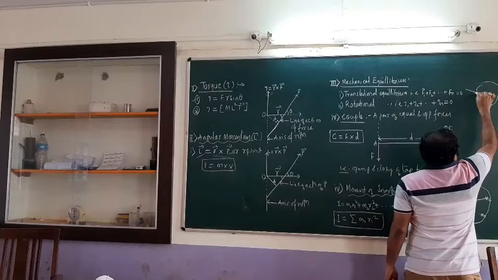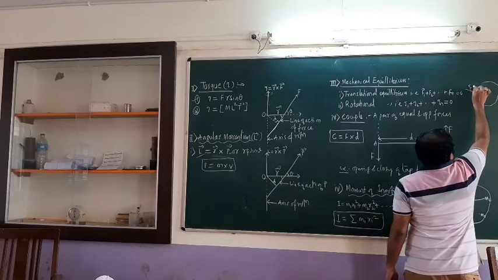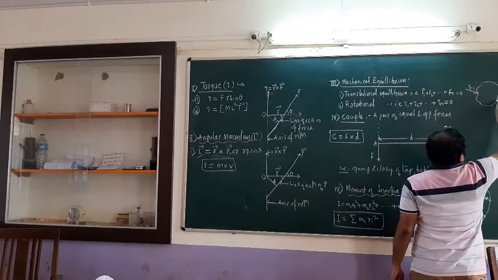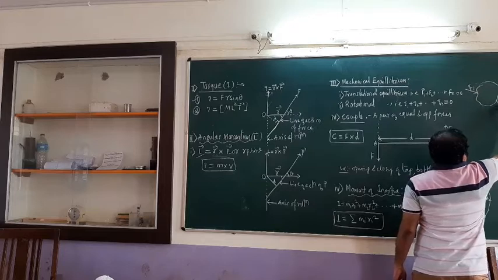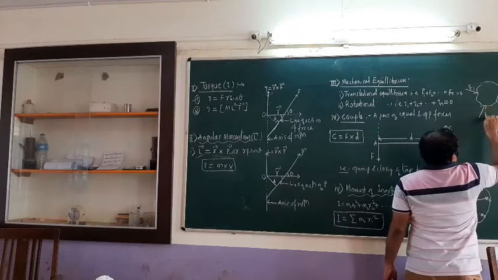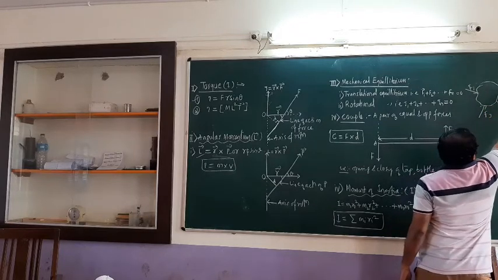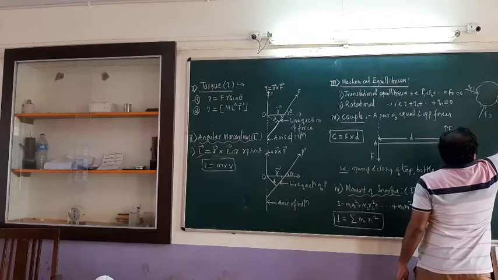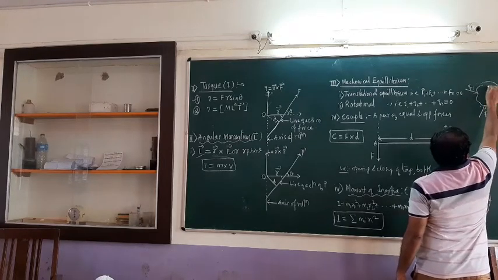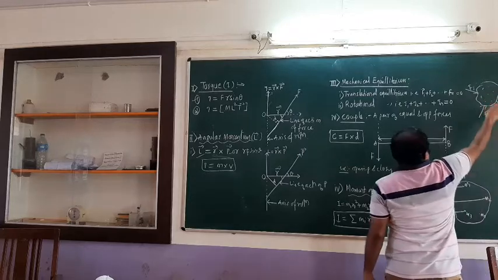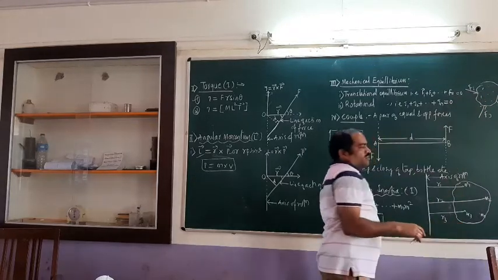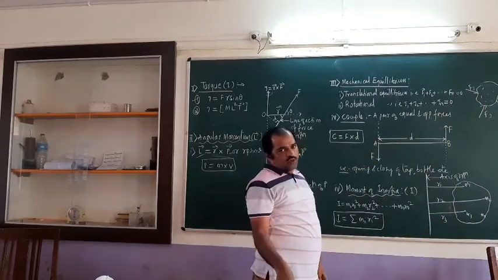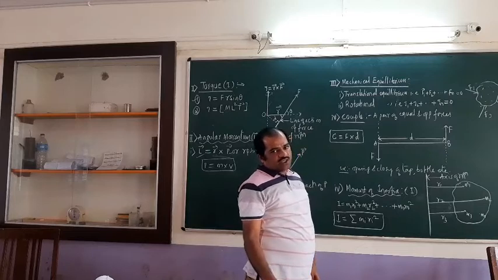If one force F1 is acting along this direction, and another force F2 along this direction, there are going to be a large number of forces like this, Fn forces acting on the body. Then the sum of all the forces must be equal to 0, and the body is said to be under translational equilibrium.